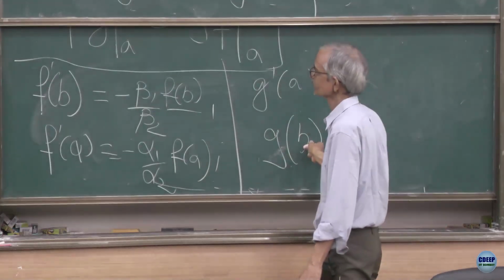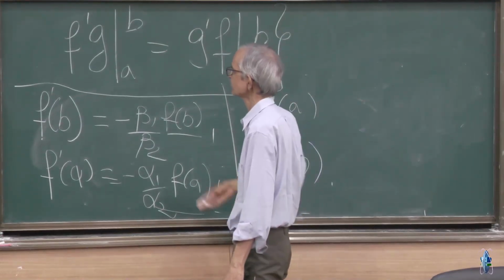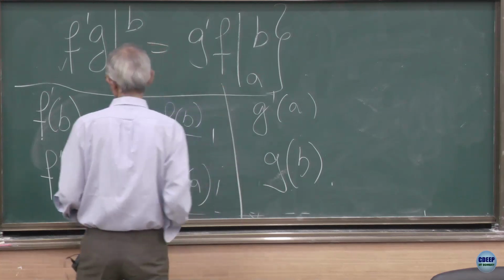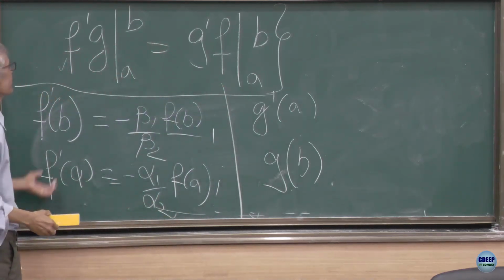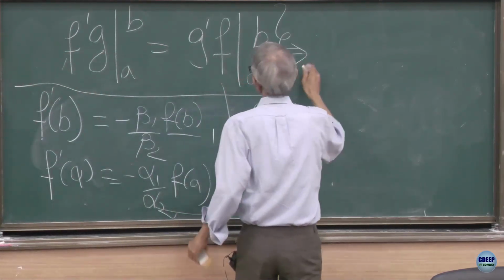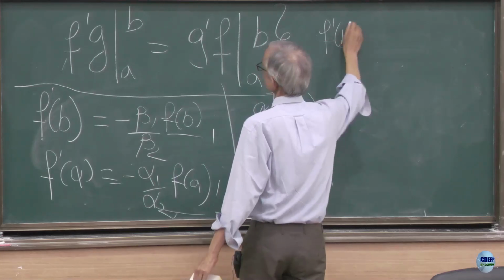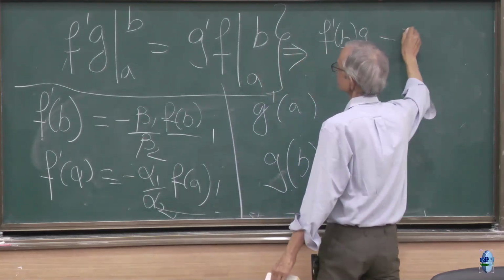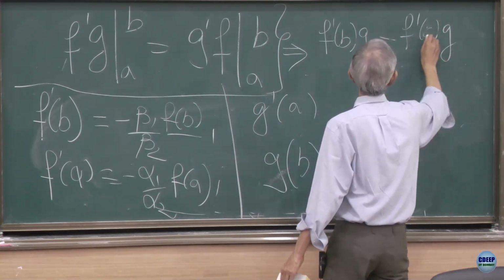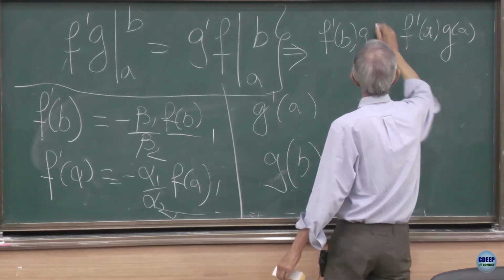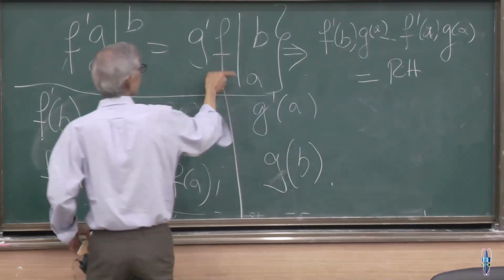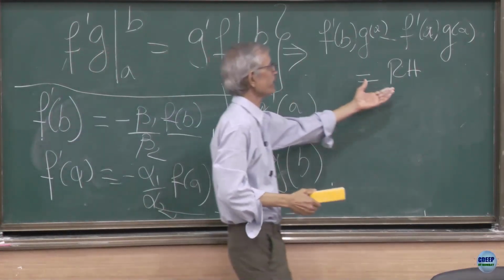And when I'm going to try to satisfy that condition, I'm going to replace the f prime at B, f prime at A. This is going to be f prime at B times G minus f prime at A times G at A, equal to whatever is the right hand side, which is going to be G prime at B F minus G prime at A F.